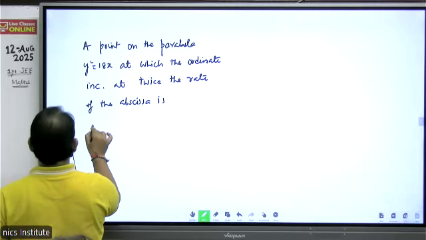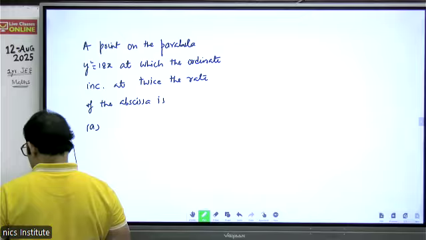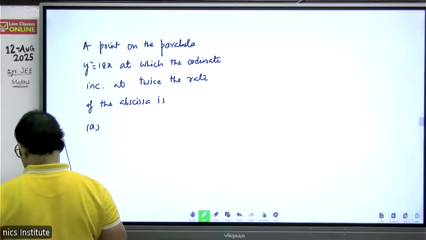You know, ordinate is basically the y coordinate and x is abscissa.